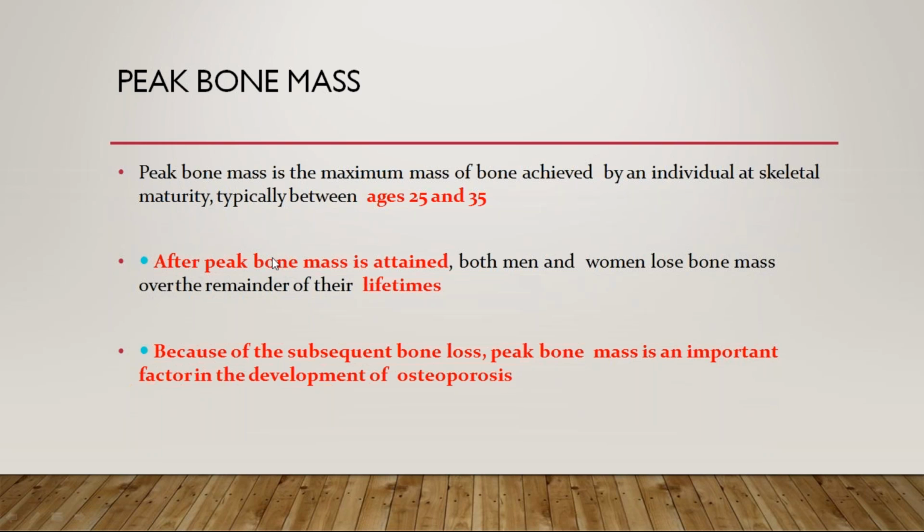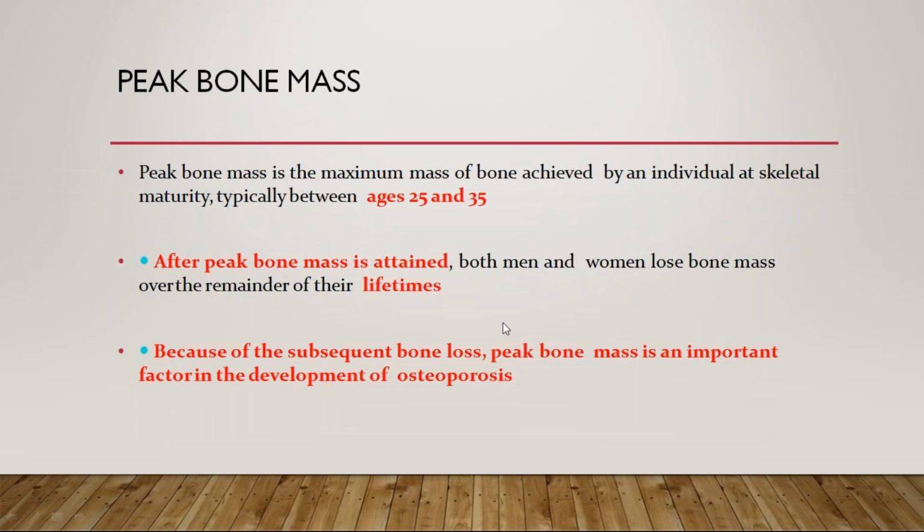Peak bone mass is the maximum mass of bone achieved by an individual. That is between 25 and 35 years, the peak bone mass for everyone. After 35 years, in both women and men, the bone mass will be reduced.